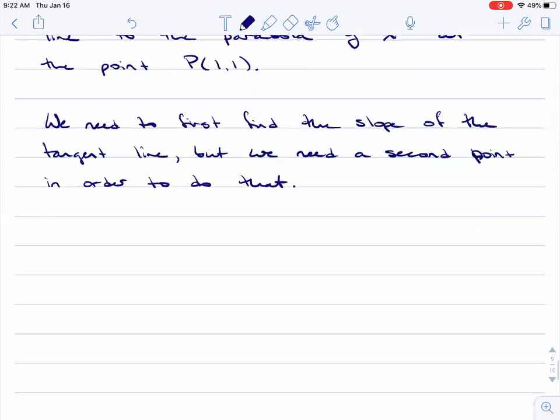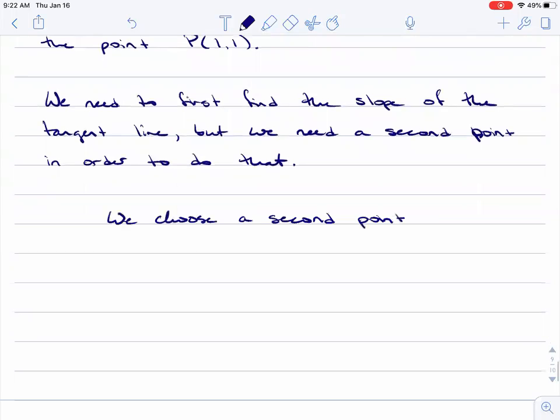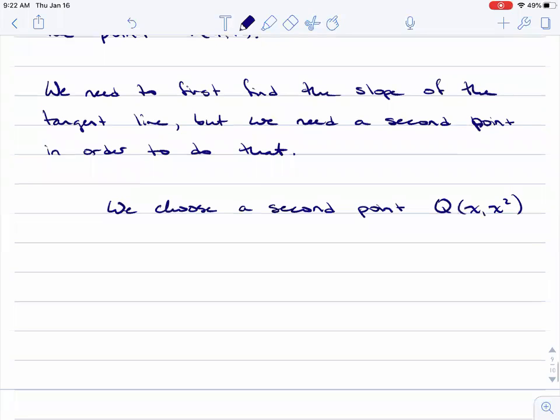So what we're going to do is we choose a second point Q, which can be any point of x as long as it's on the curve x squared. So we just denote it by Q, x squared.